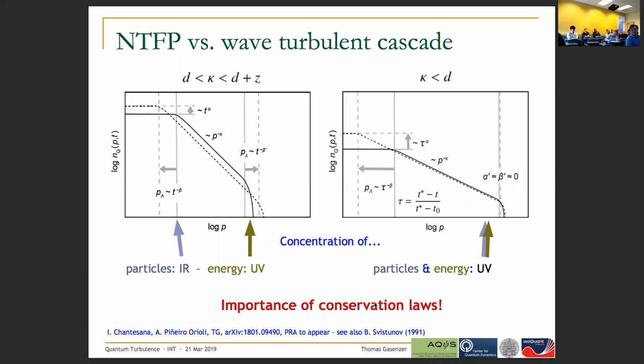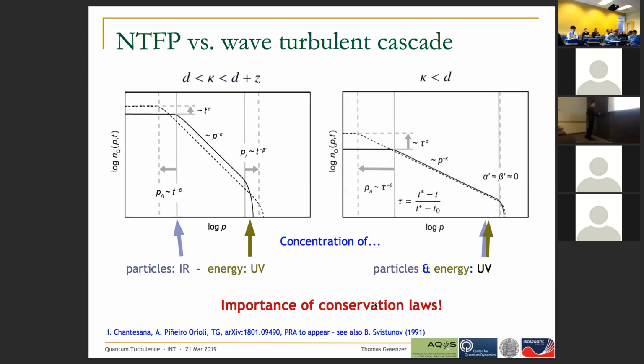calculated easily, at least the kinetic energy, from this distribution by saying, let's take the distribution as a function of k and multiply it with the energy of the mode k, then we get the energy distribution as a function of k.